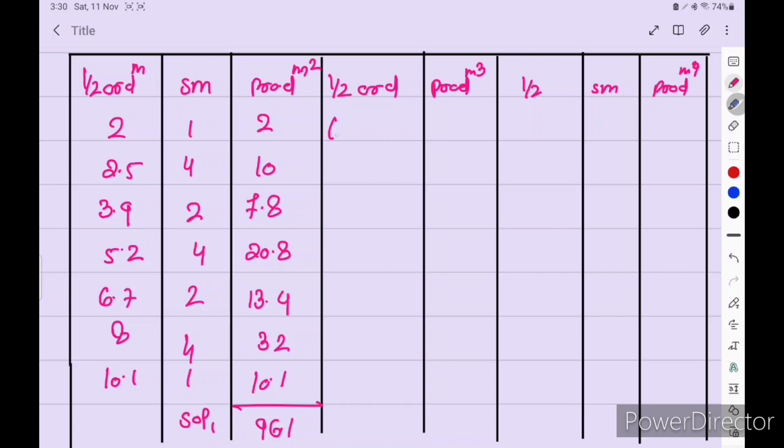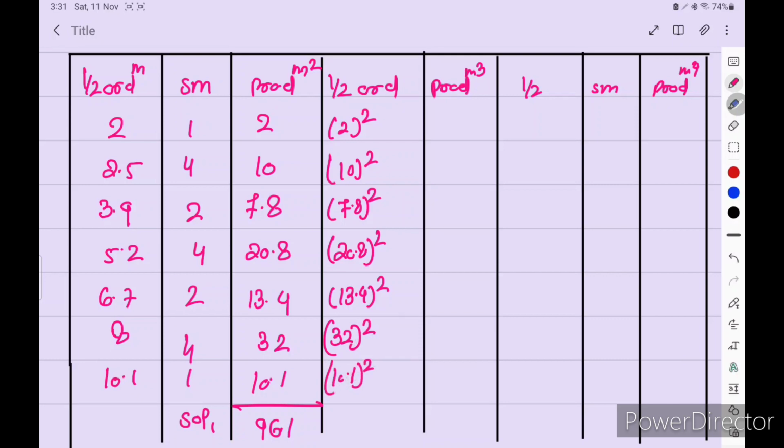Now again half ordinates squared: 2 square, 2.5 square, 3.9 square, 5.2 square, 6.7 square, 8 square, 10.1 square, with multipliers 1, 4, 2, 4, 2, 4, 1.